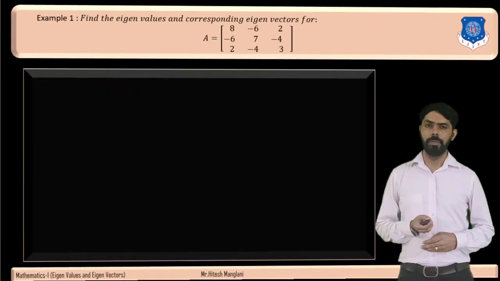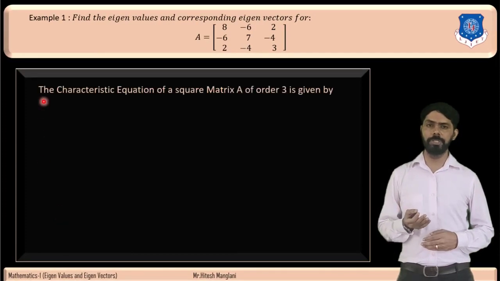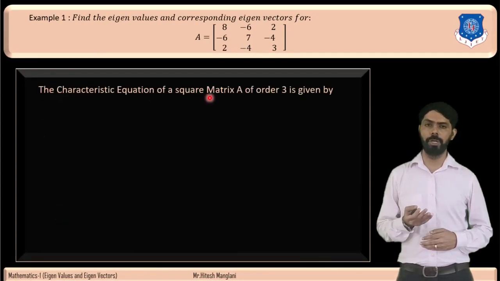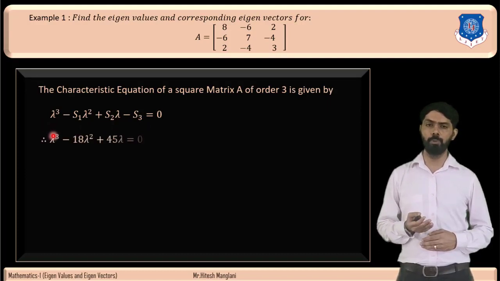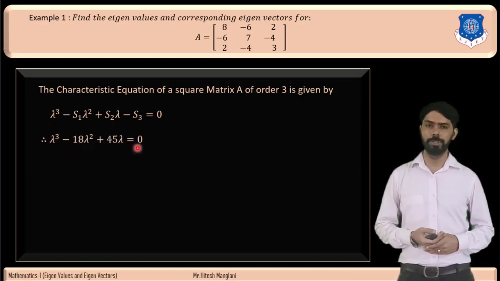Now, as we know, the characteristic equation of a square matrix of order 3 is lambda cube minus s1 lambda square plus s2 lambda minus s3 equal to 0. Now we put the values of s1, s2 and s3 in this equation. So it will be lambda cube minus 18 lambda square plus 45 lambda equal to 0.